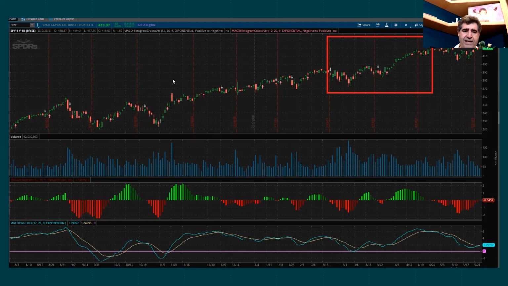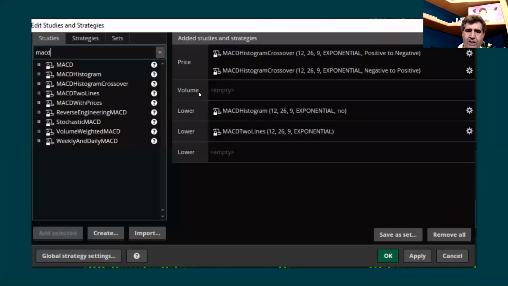Now you might ask, okay, this is great, but where do I get these pointers as far as my selling indicators right on the chart? What you could do when adding the indicator to your charts, just go to the style and type in MACD.